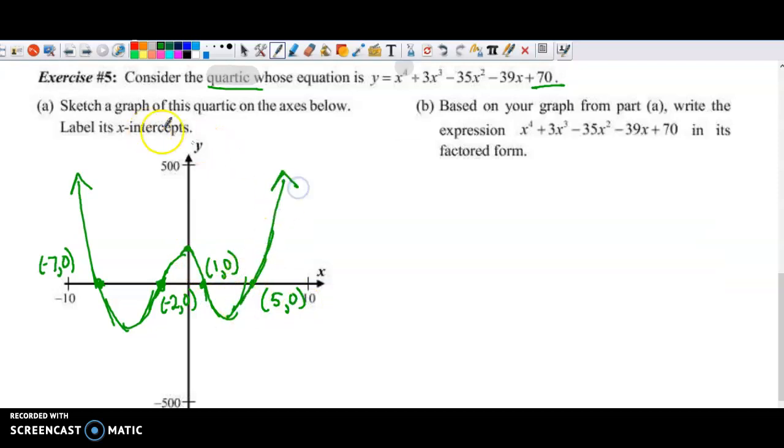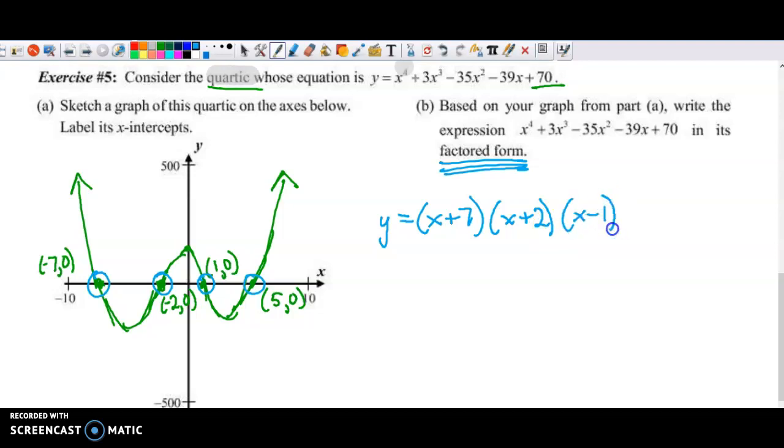So not the best graph, but I'm concerned about these 4 solutions. That's what we call those. And then a reminder that you could rewrite this in factored form. And remember, your factored form is the opposite. So that's why you'll see me write x plus 7, x plus 2, x minus 1, and x minus 5.